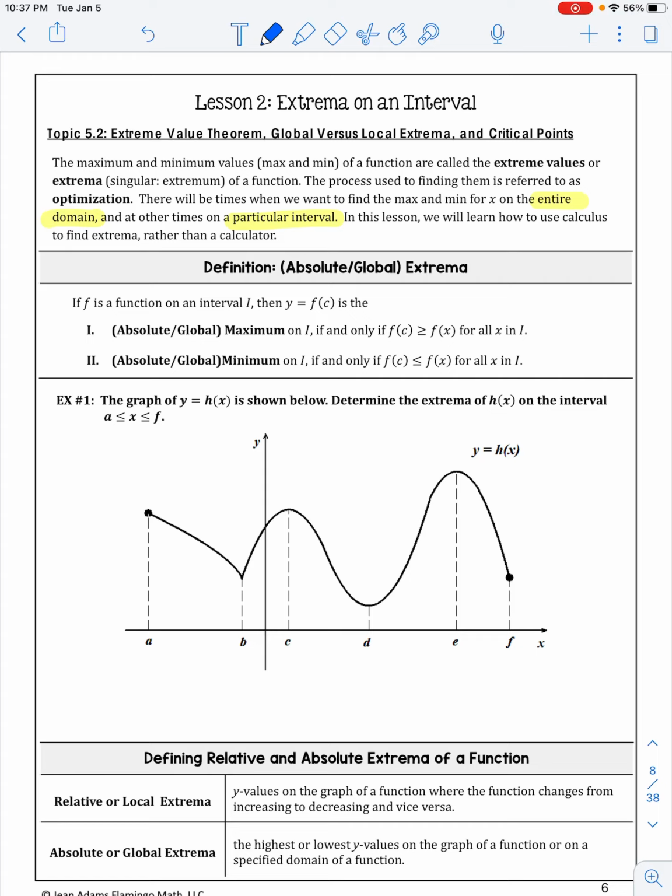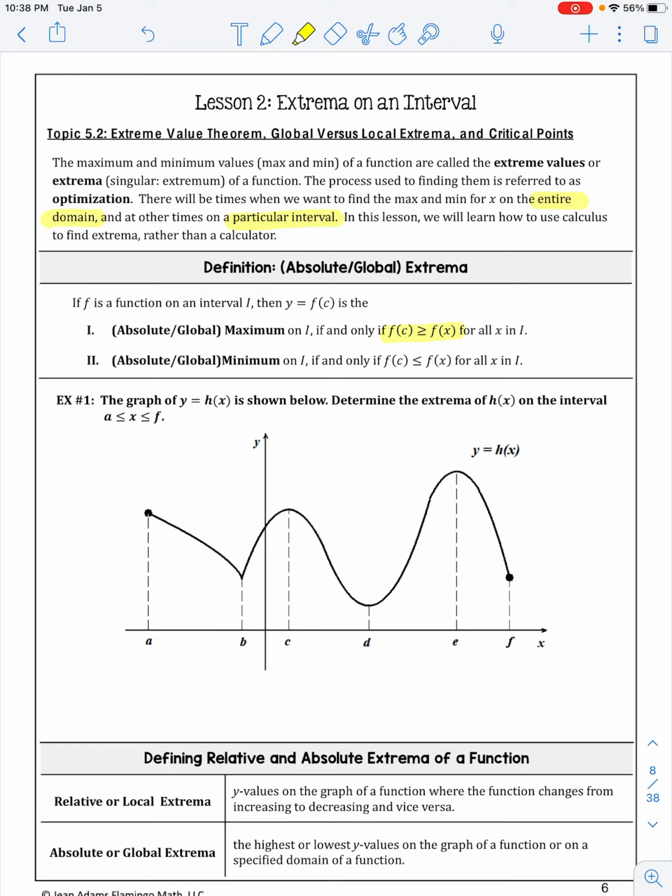If f is a function on an interval I, then y equals f of c is the number one absolute global maximum on I if and only if the function's value, so the y value at c, here's my y value at c, is greater than all the other y values on that interval.